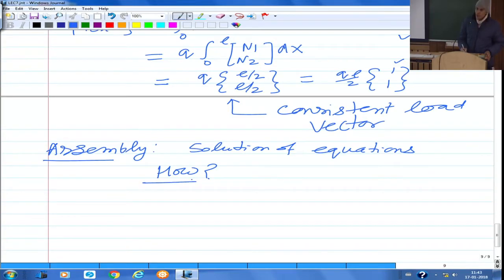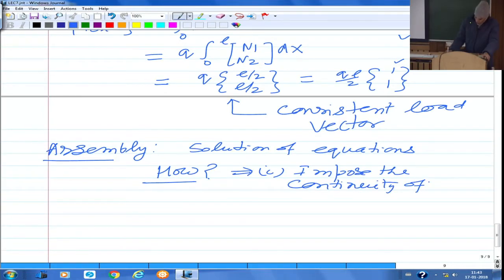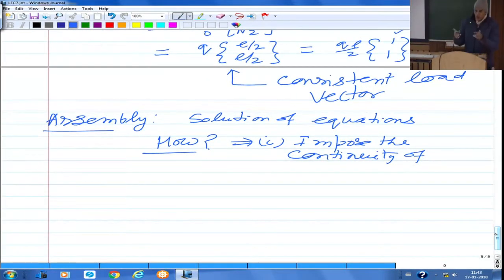So we do 2 things when we assemble the element level governing equations of different elements. One is we impose the continuity of primary variables, which are the degrees of freedom at nodes.